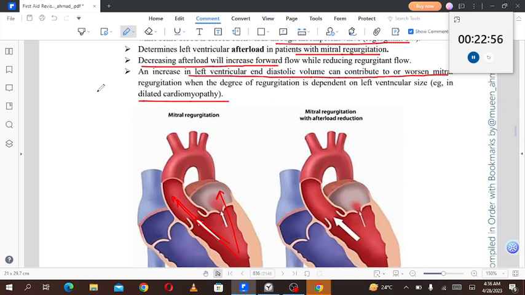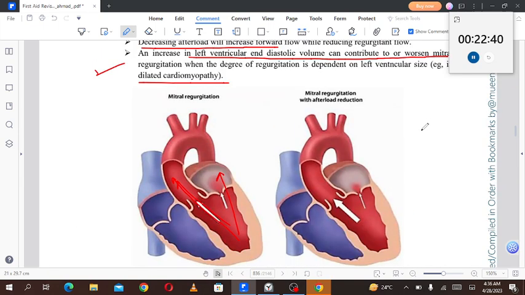Now, if you increase the left ventricular end diastolic volume, for example by venoconstriction, the venous return is enhanced, and the left ventricle has more blood entering it. This can worsen the mitral regurgitation. Suppose the person had mitral regurgitation because of dilated cardiomyopathy, which means the left ventricular size is increased and the mitral valves are not coming close to each other.